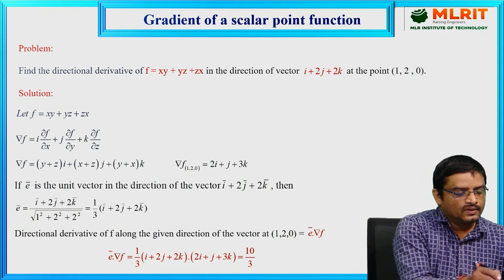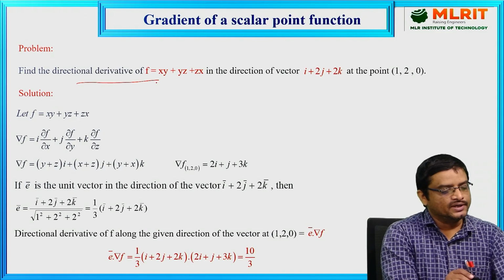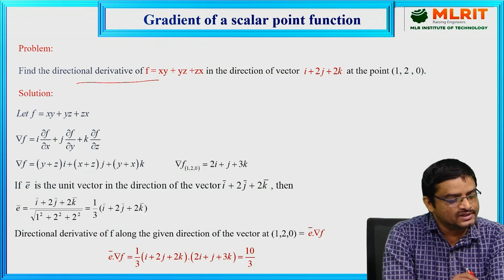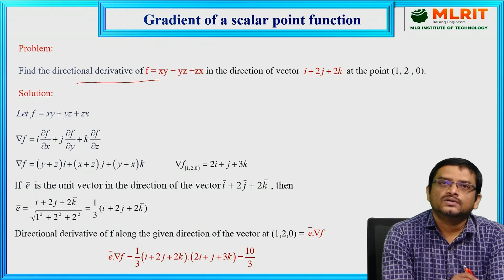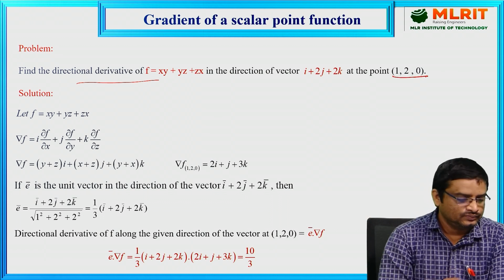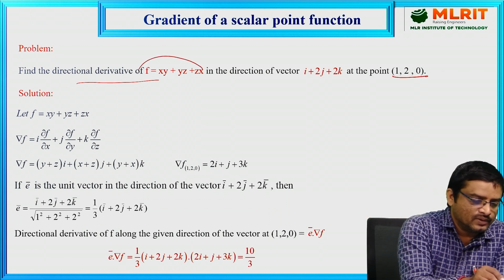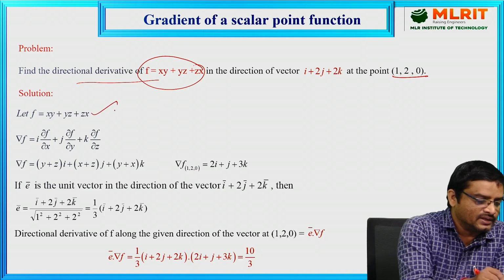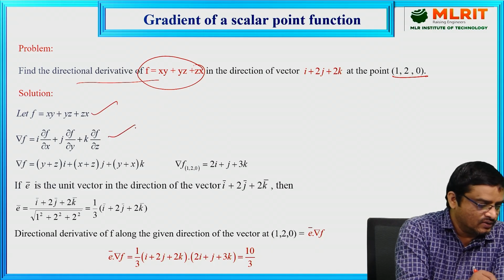Now this concept is very important: how to find the directional derivative for the given scalar point function, in the particular direction of a vector, at that particular point. Whatever scalar point function he has given, you take it and find the normal.